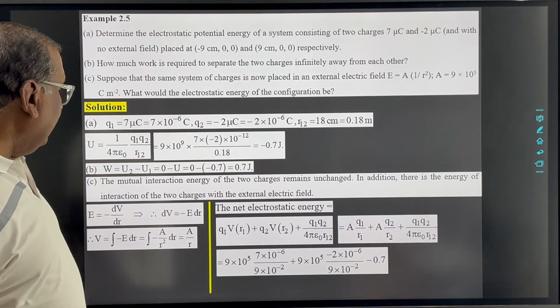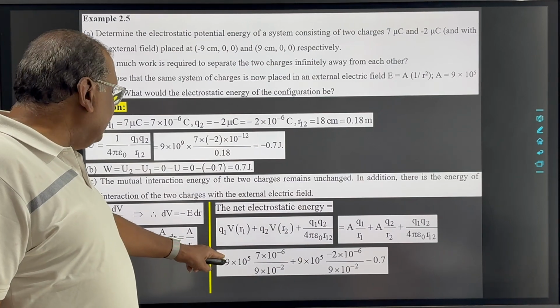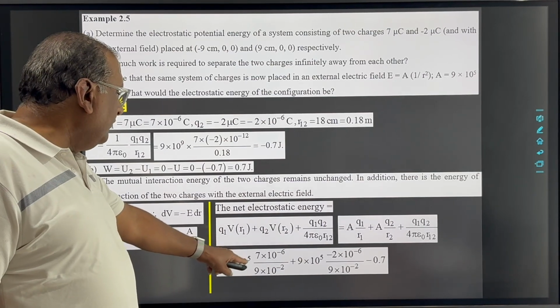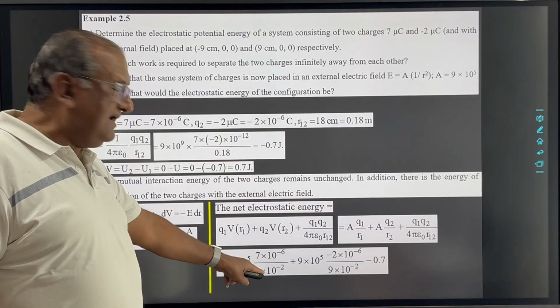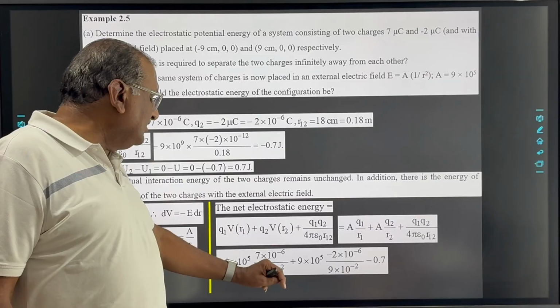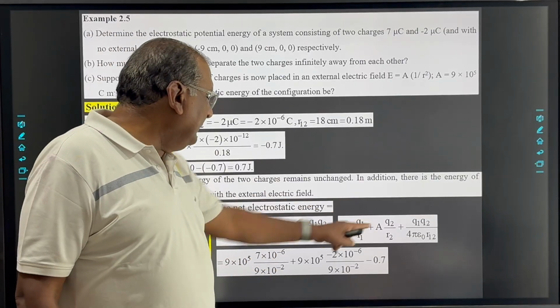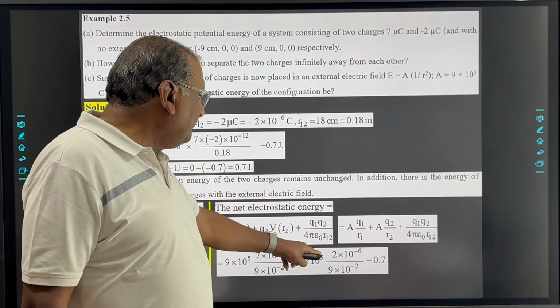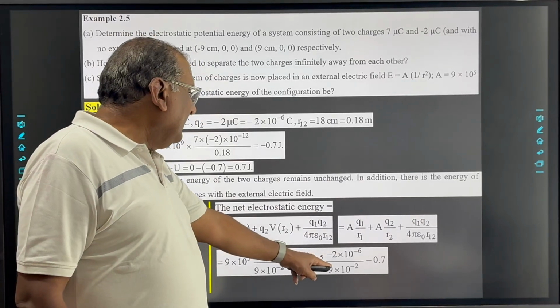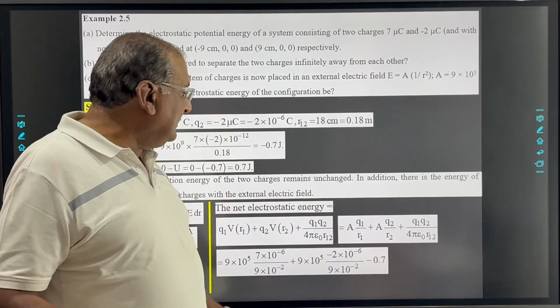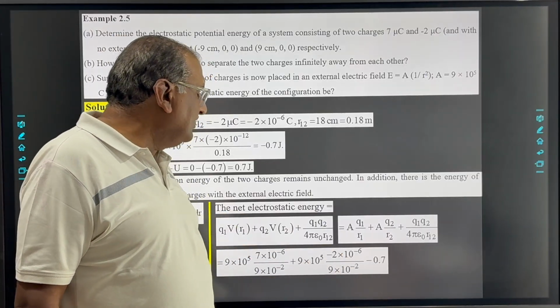Now substitute the values. So A is 9 into 10 raised to 5. Q1 is 7 into 10 raised to minus 6. 9 centimeter, so 9 into 10 raised to minus 2 meter. Plus again A, 9 into 10 raised to 5, Q2 that is minus 2 into 10 raised to minus 6. Again distance R2 is 9 centimeter, so 9 into 10 raised to minus 2.